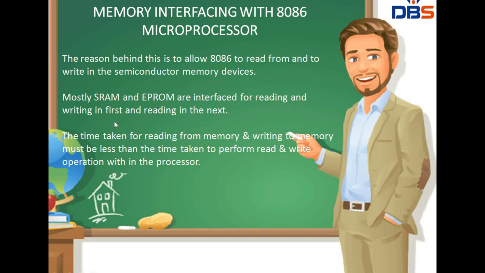First of all we write the data, and we read the data the next time. The time taken for reading from memory and writing to the memory must be less than the time taken to perform a read and write operation within the processor.